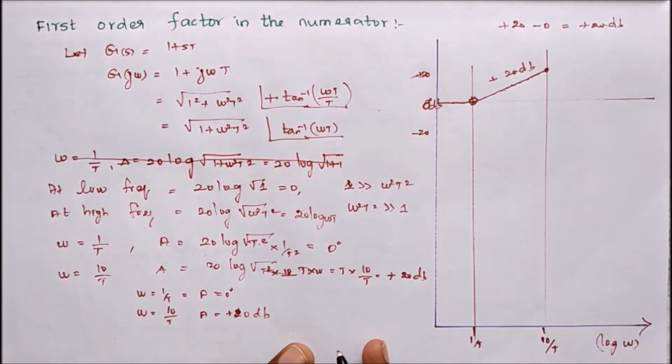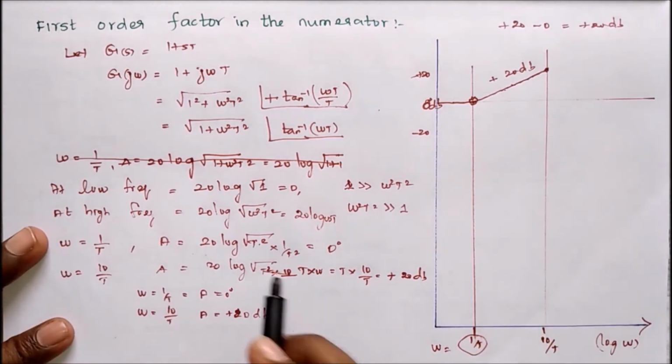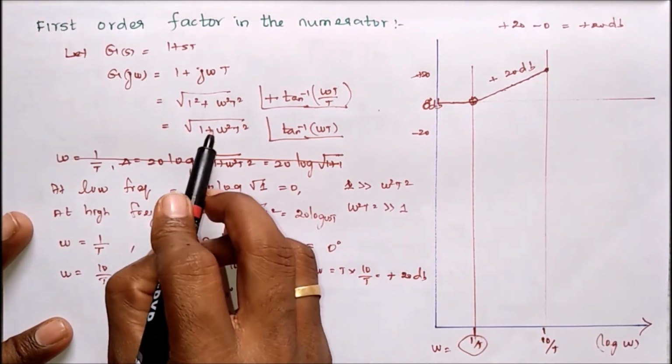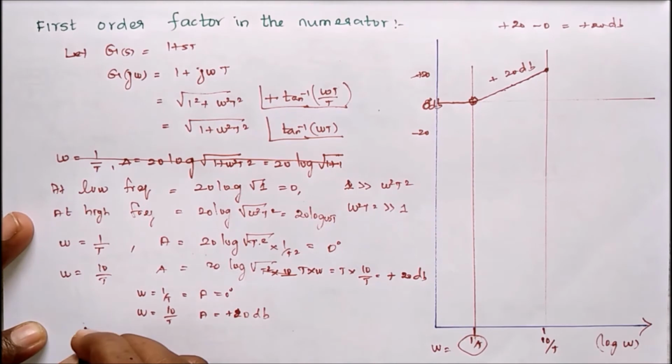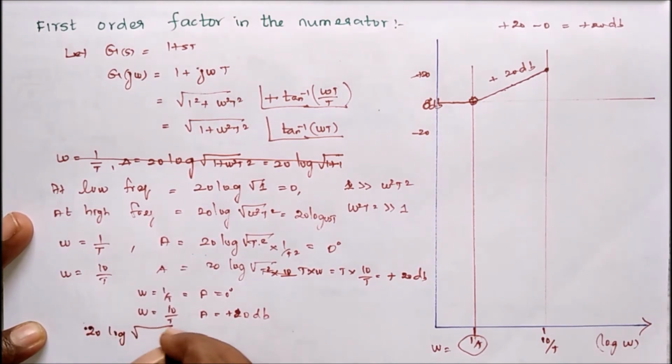To get the exact plot, we have to substitute the corner frequency omega equal to 1 by T into the actual equation. The actual magnitude in decibel is 20 log square root of 1 + omega square T square.